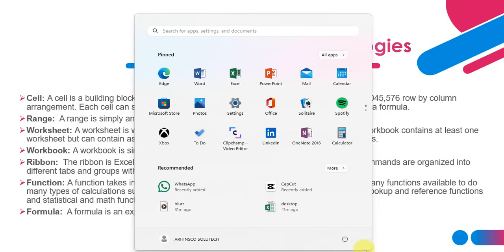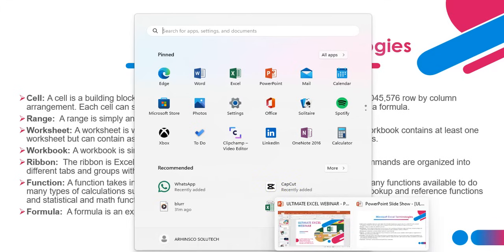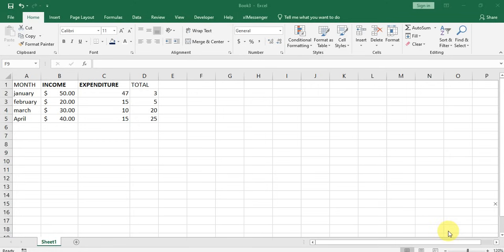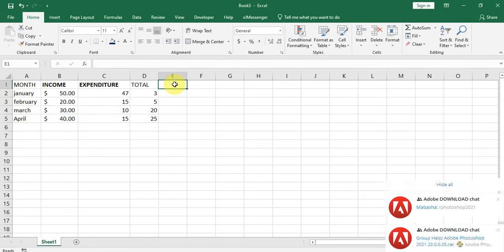Now let's go to Excel and let me show you something here. We were saying a sheet consists of how many rows? 1,048,576. Now I want to go to the last part of the column. What will I do? You just have to press Control and then the down arrow.